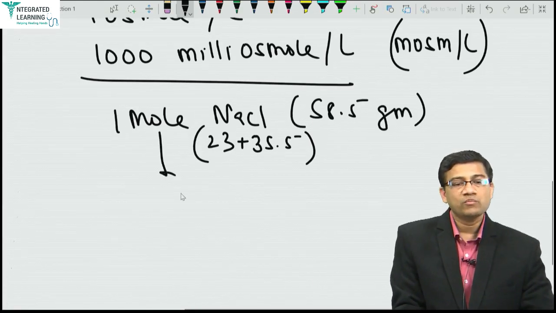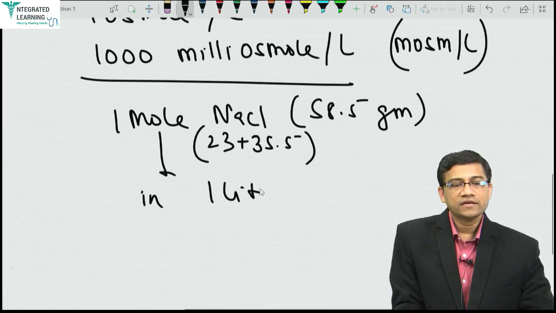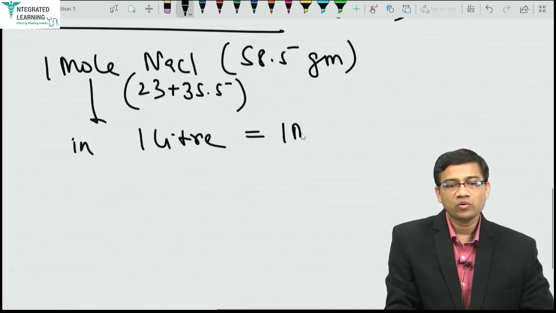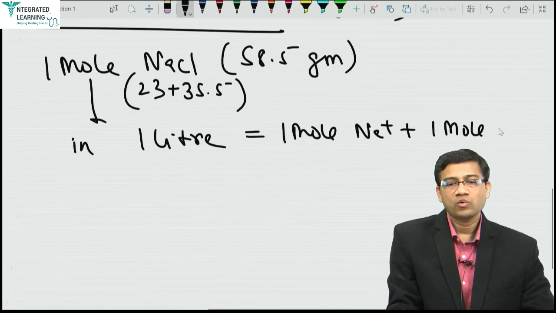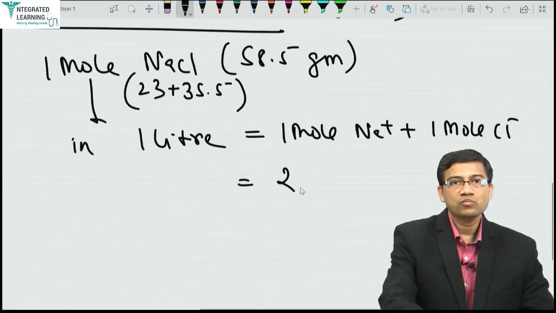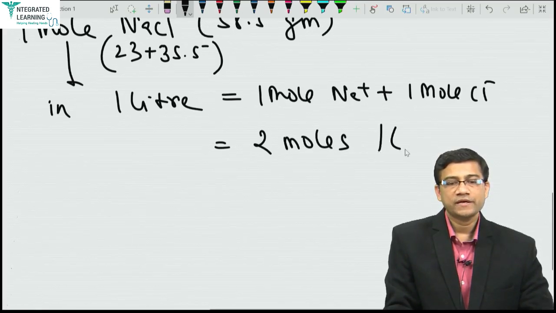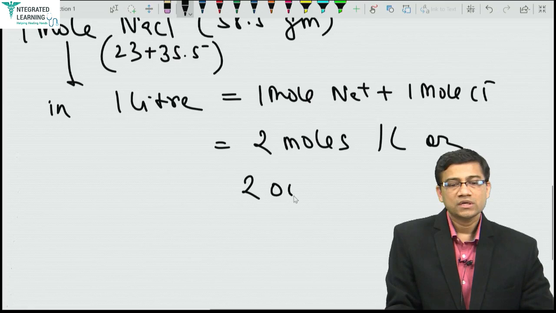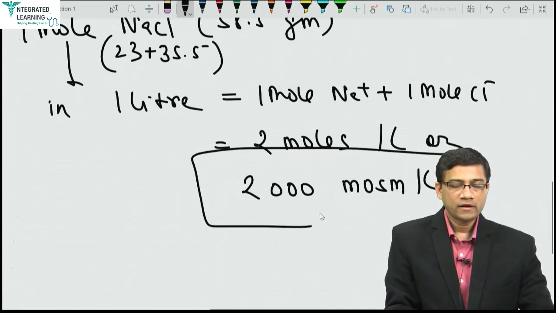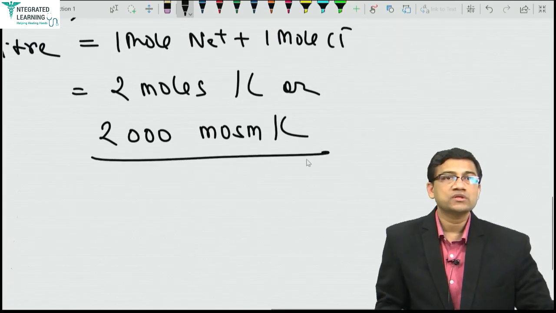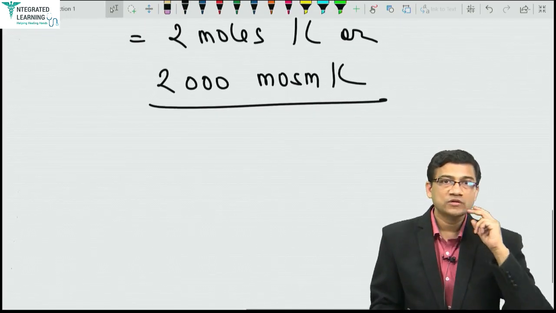So if I add 1 mole NaCl in 1 liter, I now get 1 mole sodium plus 1 mole chloride. So total of 2 moles per liter, or 2000 milliosmol per liter. So remember this statement: if you take this, you get 2000 milliosmoles per liter.